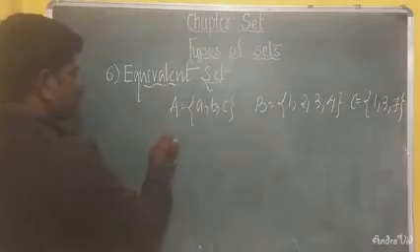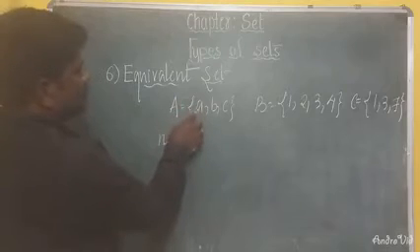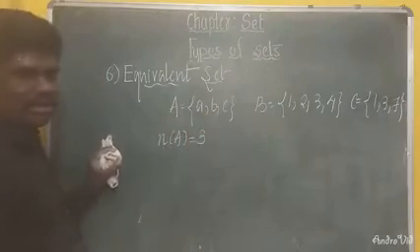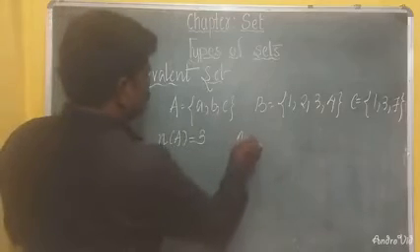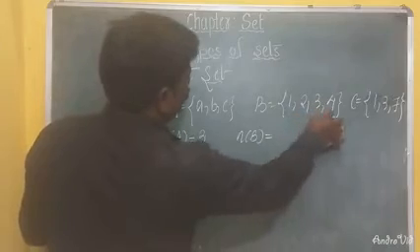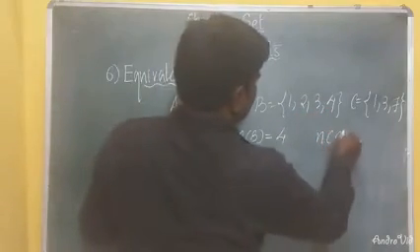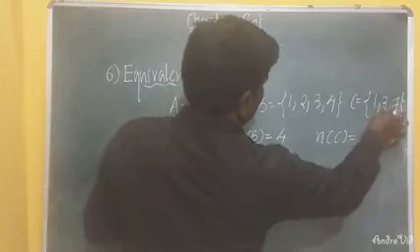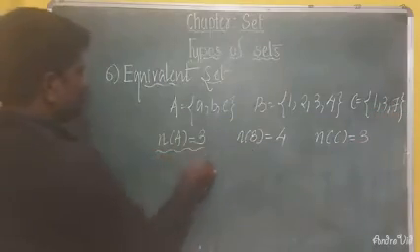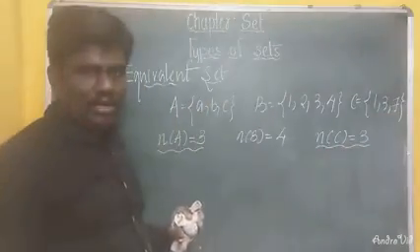The size of the set A: there are three elements, 1, 2, 3. So the cardinality of A is 3. The cardinality of B is 4. The cardinality of C is 3. So we can clearly see the cardinality of A and the cardinality of C are equal.